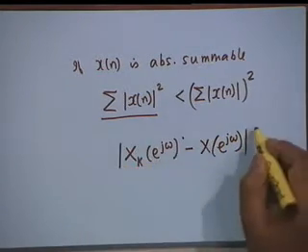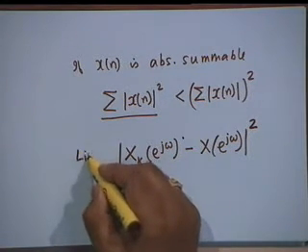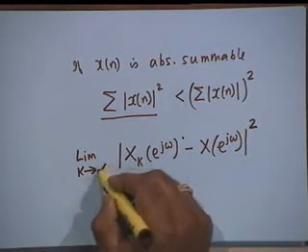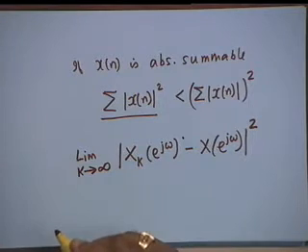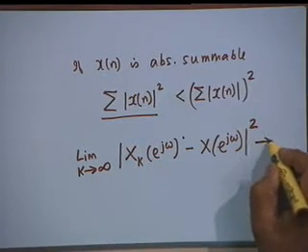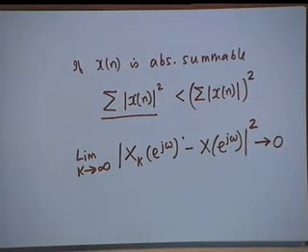If we take the error squared, limit k tends to infinity, for square summable sequences, obviously this has to go to 0 as k tends to infinity.